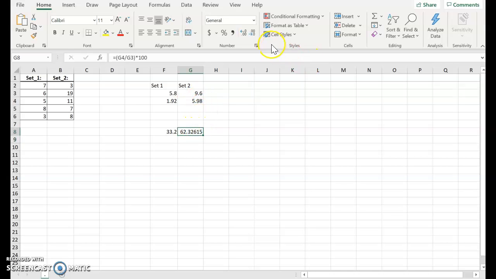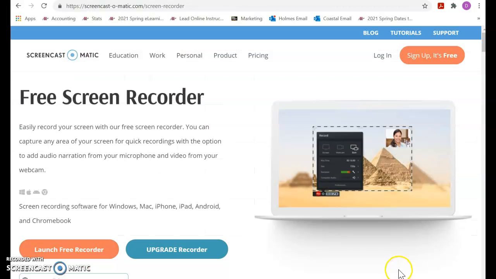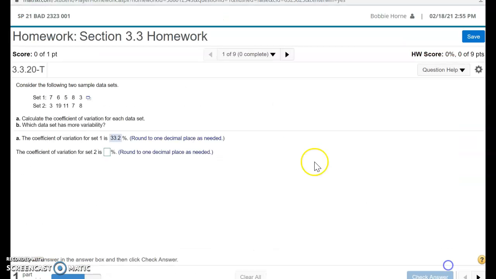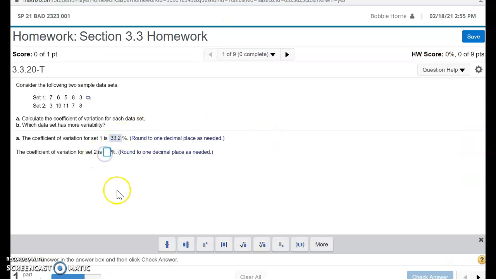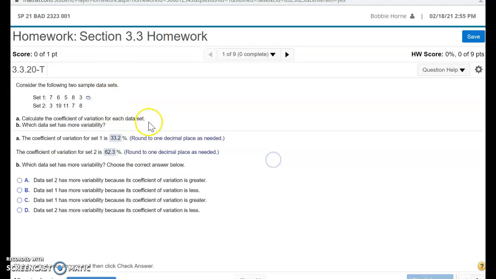And that's going to be 62.3. So 62.3. And that's how you work the coefficient of variation on these types of problems.